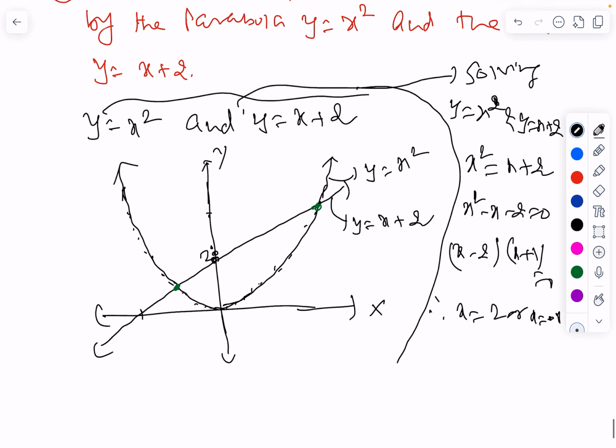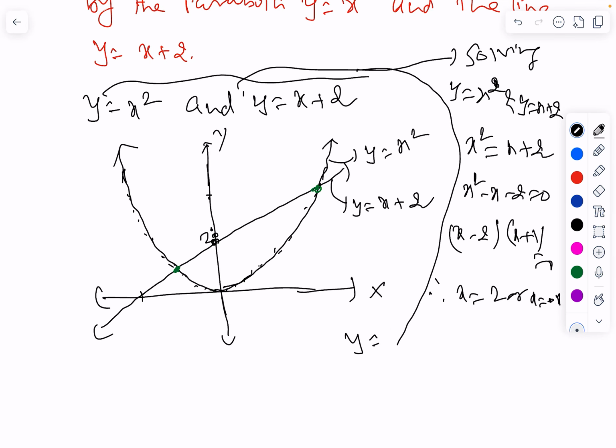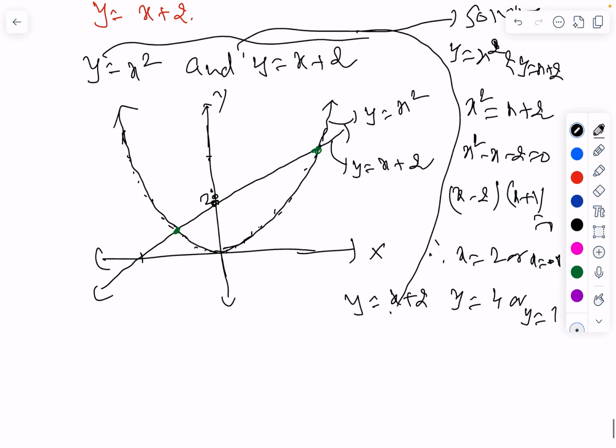And y equal to x plus 2. So y equal to 2 plus 2 is 4, or for x equal to minus 1, y equal to minus 1 plus 2, which is 1.